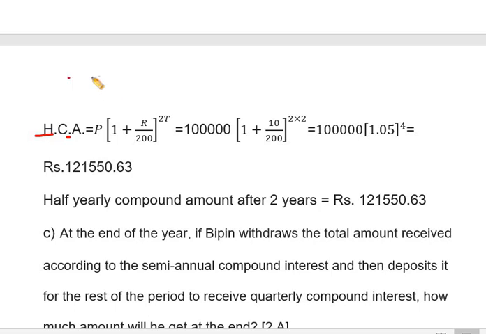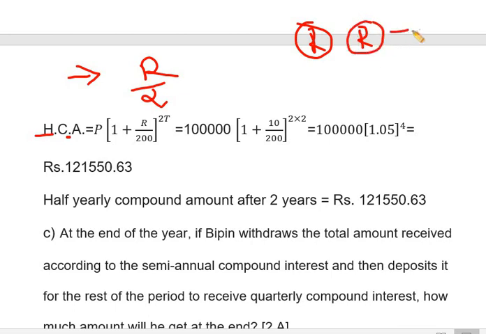For half yearly compound amount, R should be divided by 2. It is because R is always yearly. Rate of interest is always provided yearly. So to find the semi-annually, half yearly compound interest, we should divide R by 2.